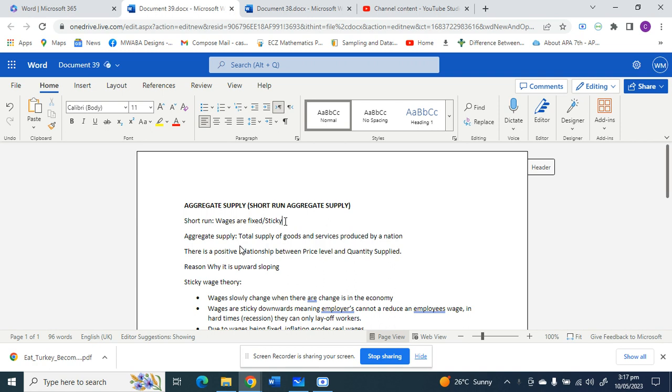Aggregate supply is the total supply of goods and services by a nation. So here we're looking at the businesses and the firms that are producing within a country.